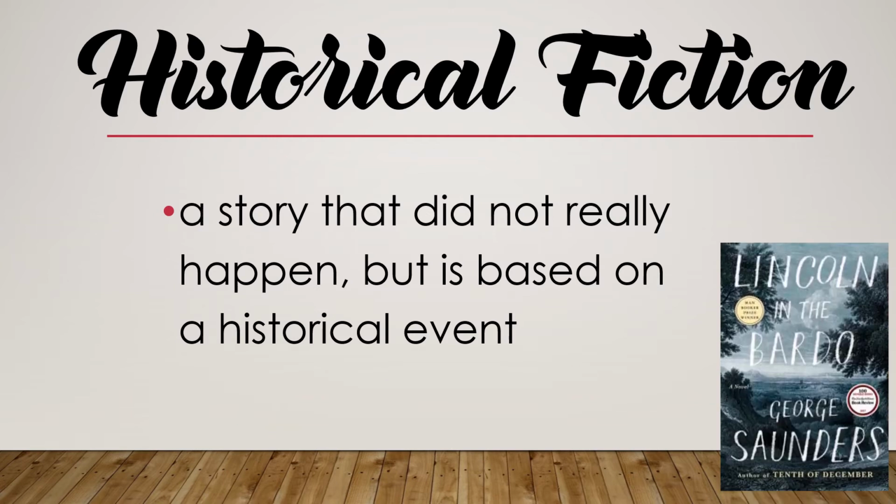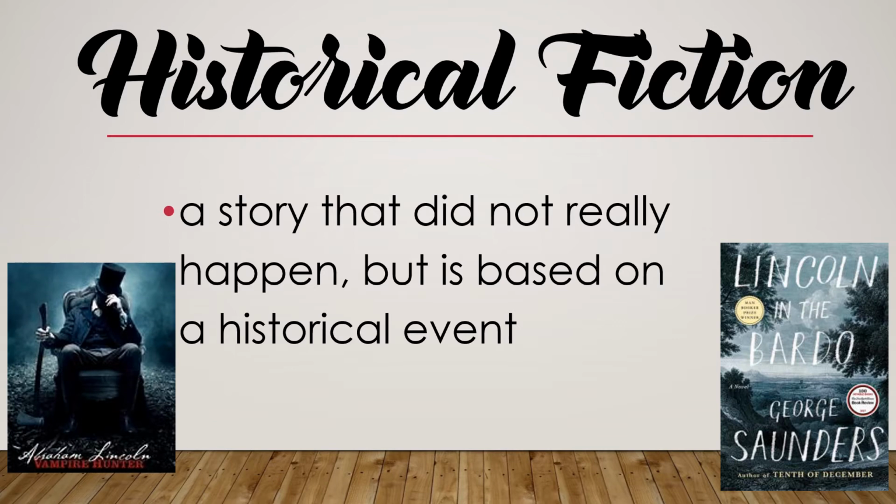An example of this is Lincoln in the Bardo, wherein one of the characters there is Abraham Lincoln and the setting is Civil War. Another is the film entitled Vampire Hunter, wherein Abraham Lincoln became a vampire hunter. You see, the characters there are part of history, however, the story did not really happen in real life.